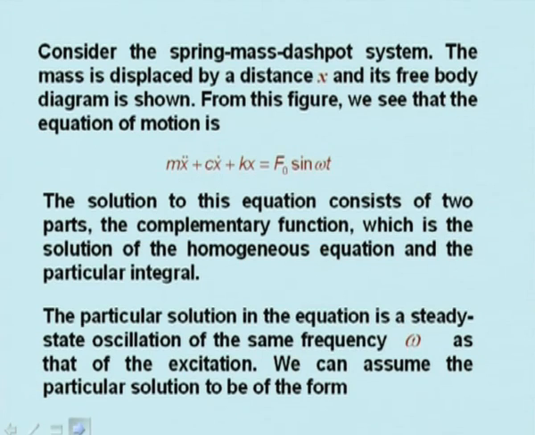The other one is the particular integral, which depends on the term on the right hand side. In this case, it is F0 sin omega t. So the combined motion is just the combination of the complementary function and the particular integral.